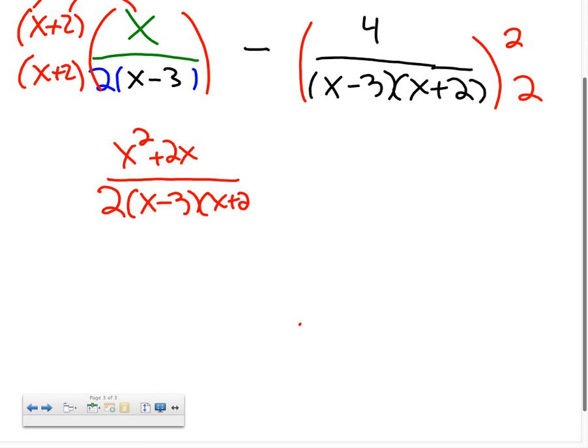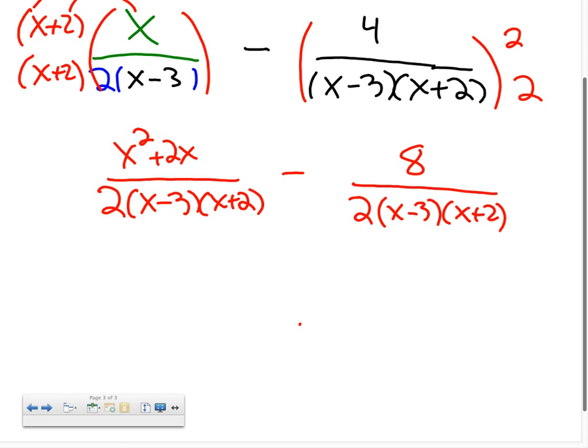Again, the order doesn't matter as long as you have all three factors there. This one here, 4 times 2, that's 8. And then down here, again, I have the same format: 2 times x minus 3 times x plus 2.